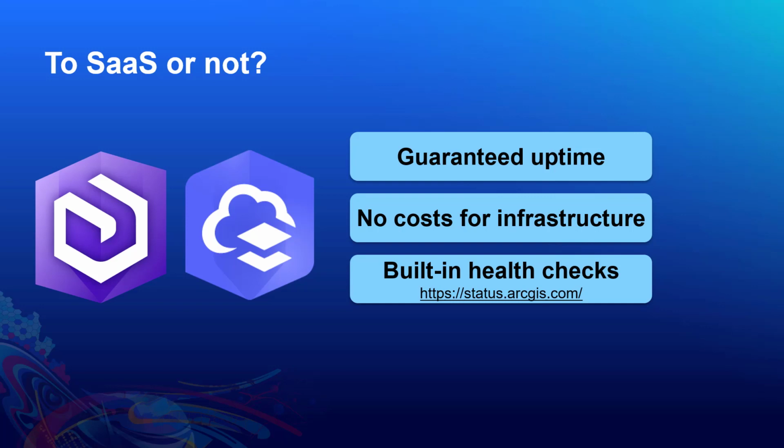For example, guaranteed uptime, and for that uptime, no cost for the actual infrastructure, as well as built-in health checks that are available through status.arcgis.com. So looking at all the options on the table, you'll be able to make an educated decision about what best fits you and your organization.